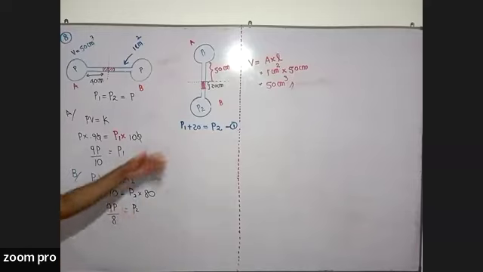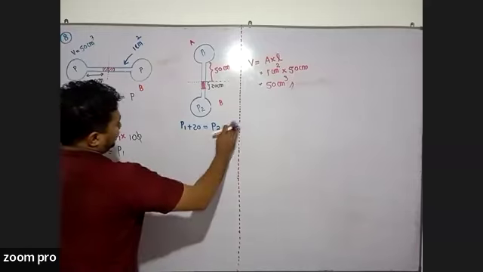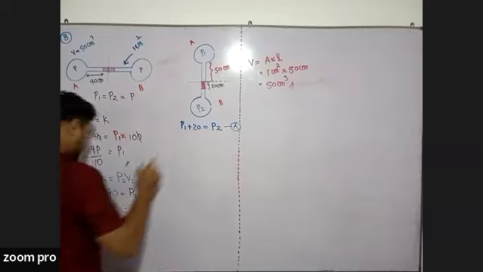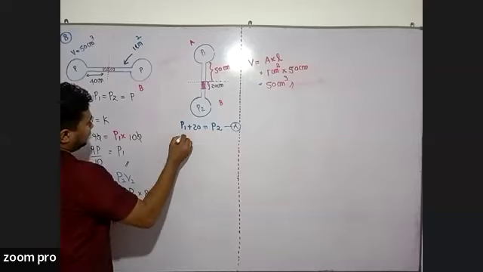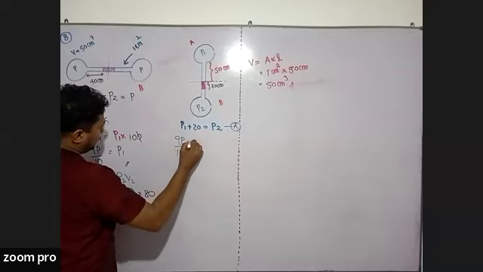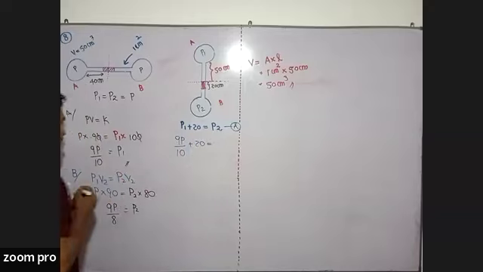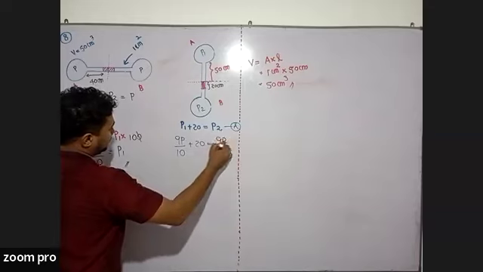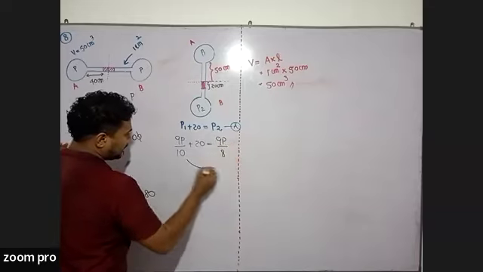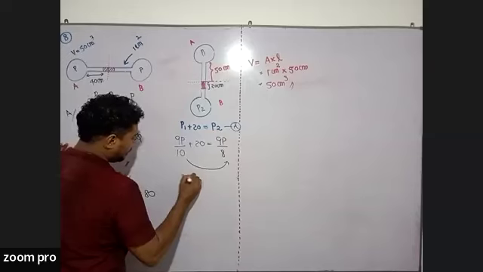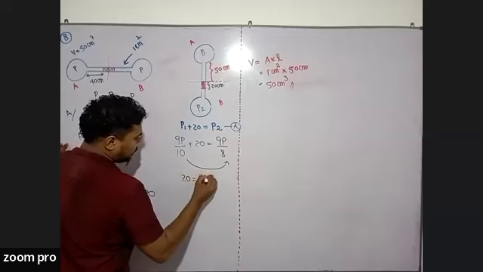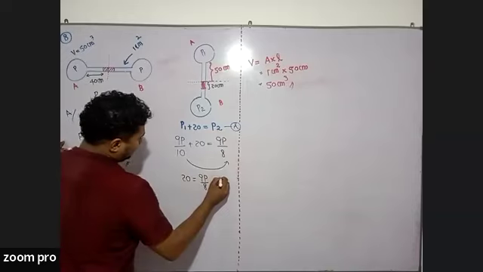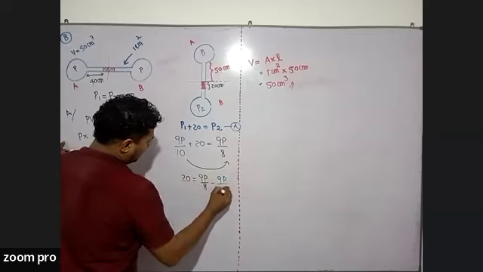Let's substitute these values in the first equation. Then P1, which is 9P over 10, plus 20 equals P2, that means 9P over 8. So let's take this one to the opposite side, then it should be equal to 9P over 8 minus 9P over 10.